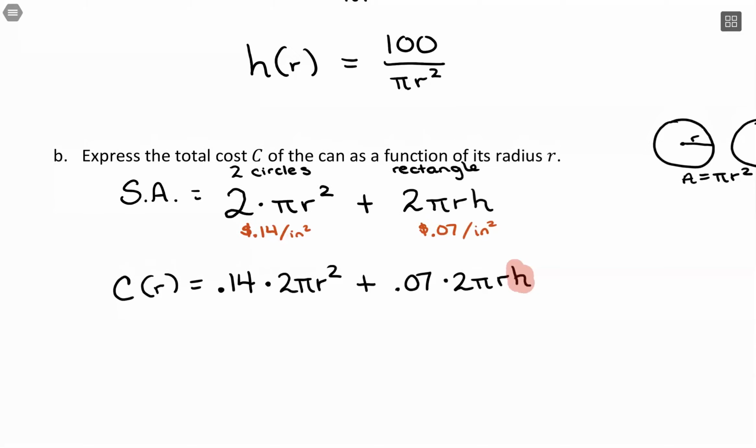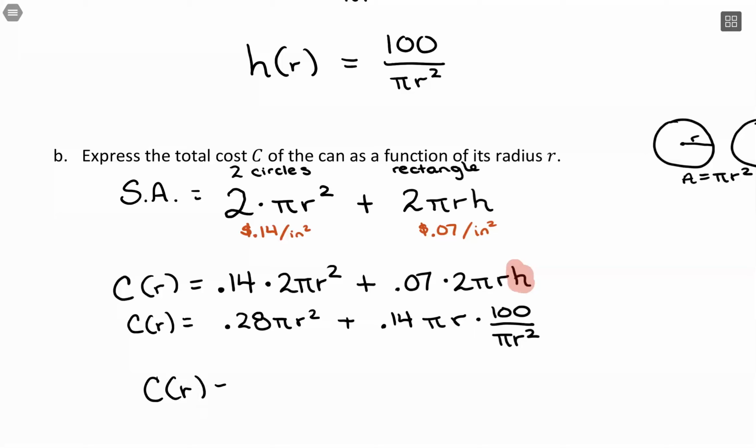So, for simplifying, 0.14 times 2 is 0.28 pi r squared. Then 0.07 times 2 is 0.14, and then we'll have pi r, and where I have h there, I'm going to substitute in 100 over pi r squared.